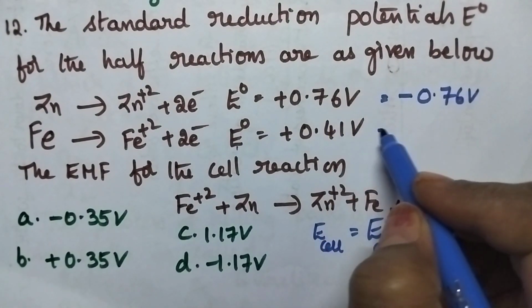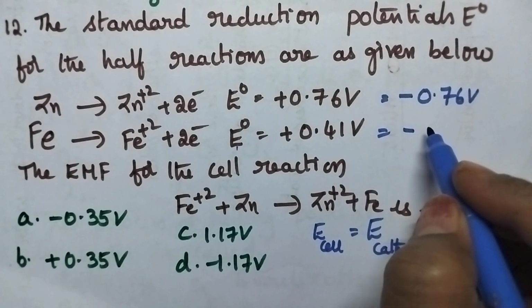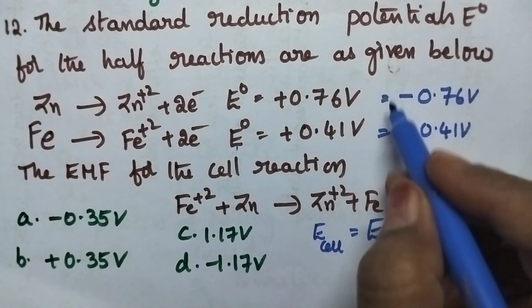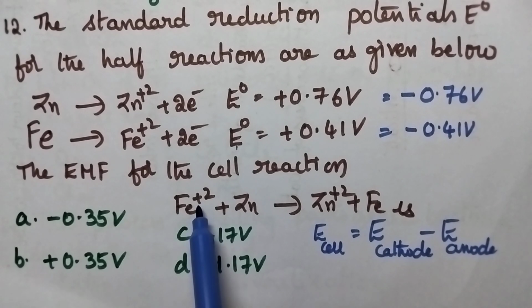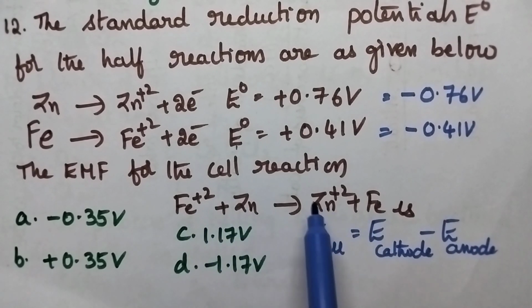So oxidation potential is equal to minus reduction potential. So it is exactly equal to minus 0.76 volts for zinc, and for iron it is equal to minus 0.41 volts. Here we have to identify that iron is acting as the cathode and zinc is acting as the anode.